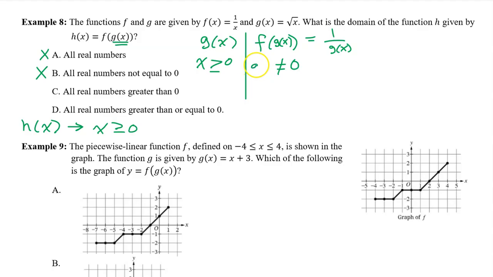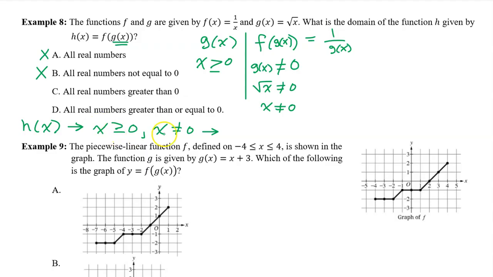That means g of x cannot equal 0. But wait a minute, g of x is the square root of x. So that means the square root of x cannot equal 0. We need to solve this for x. If we square both sides, we get x cannot equal 0.